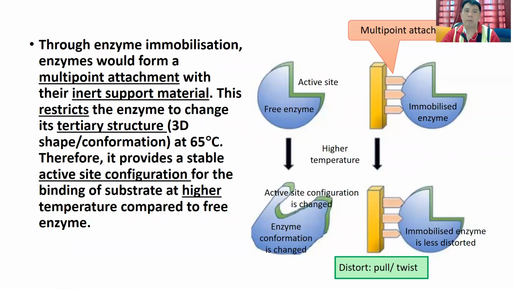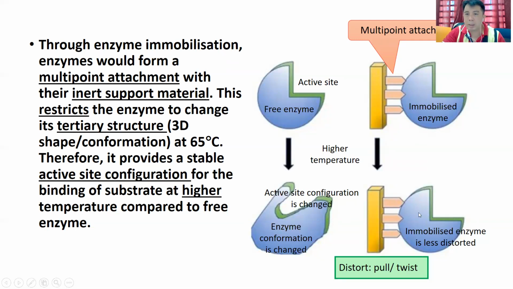So what is multi-point attachment? Look here. This is the free enzyme, and this is the immobilized enzyme. They attach to the inert, insoluble support material, so they have multi-point attachment here. When the temperature increases, like just now to 65 degrees Celsius, for the free enzyme the conformation is changed and the active site configuration is also changed.